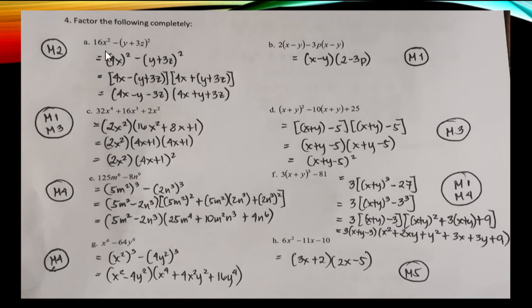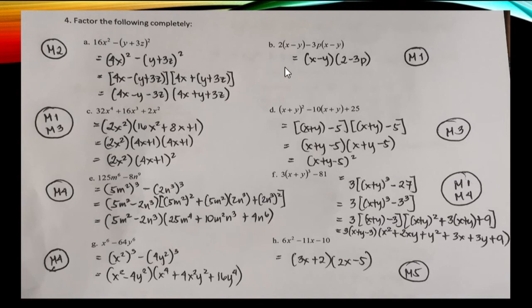So, 16x squared, that can be factored out as 4x quantity squared minus kana dayon. Then, basta naganitaan na ato ang method 2, ato na siyang i-minus og plus. So, ang first term 4x minus the second term, kani, times ang first term plus the second term pod. So, maoning na atay 4x minus y minus 3z multiplied to 4x plus y plus 3z.